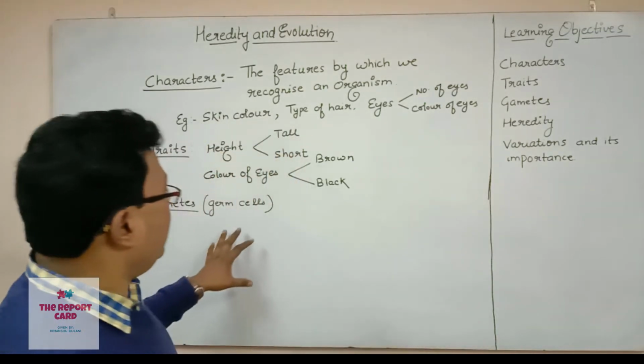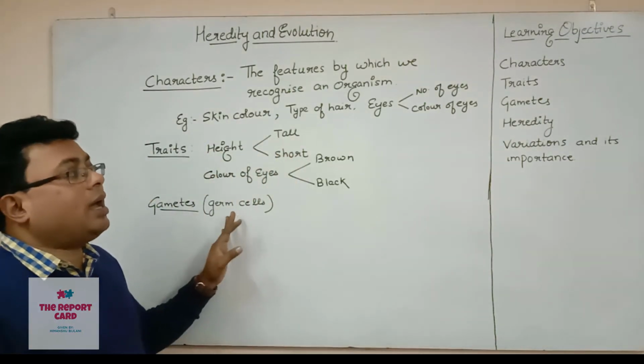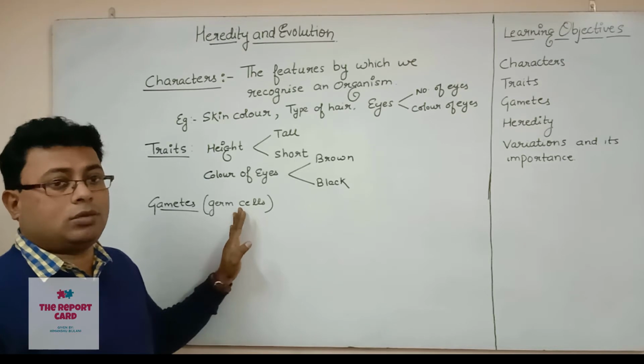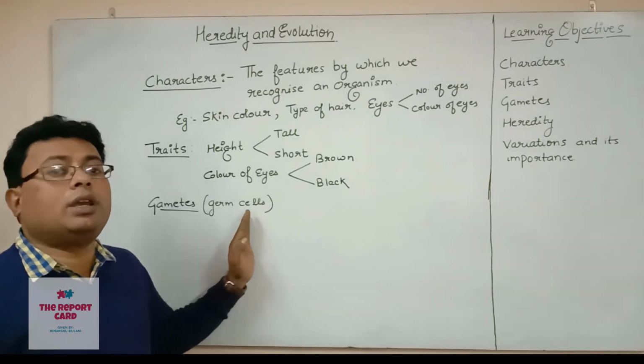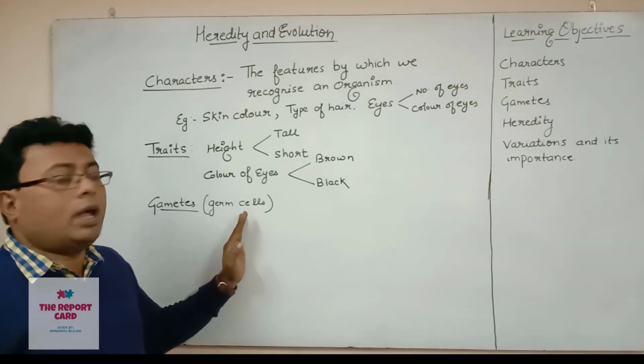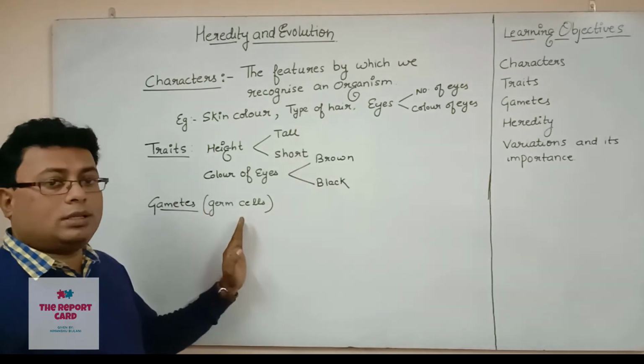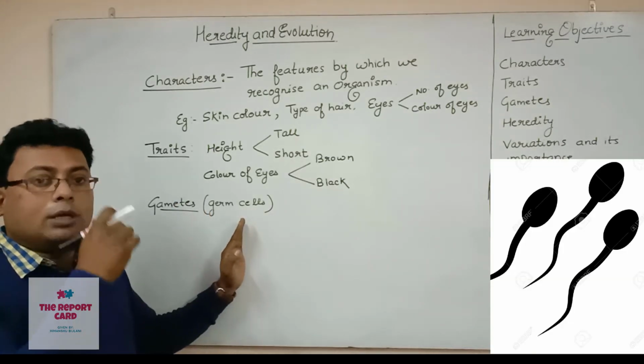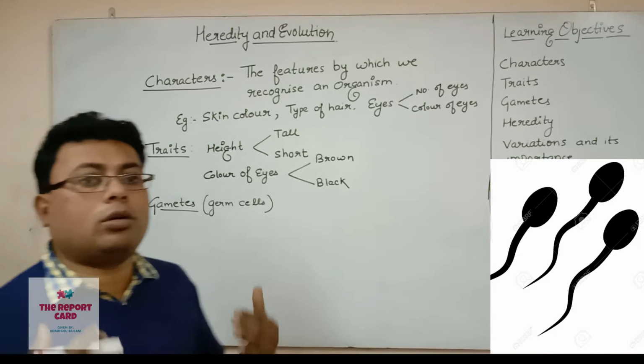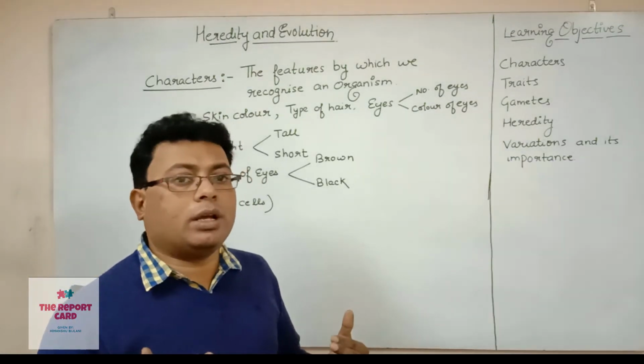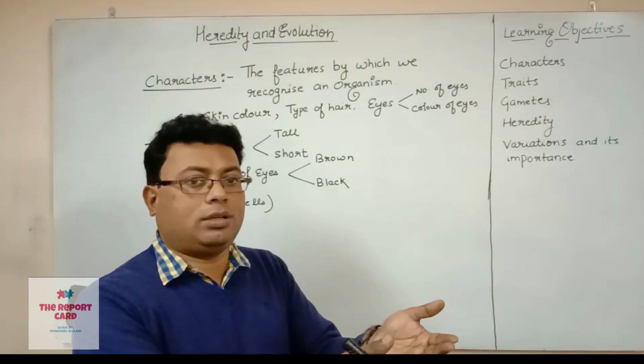So these gametes basically carry all the information related to the traits, and these germ cells are used to transfer all the traits to the next generation.